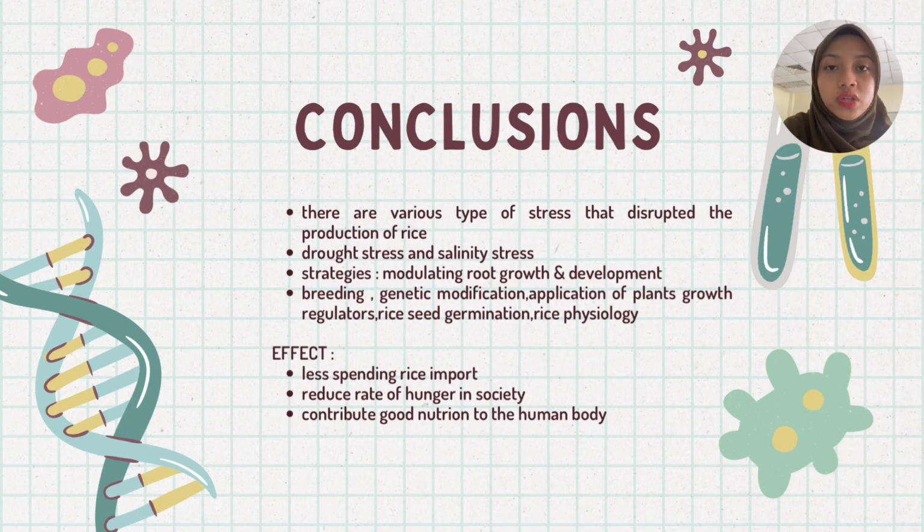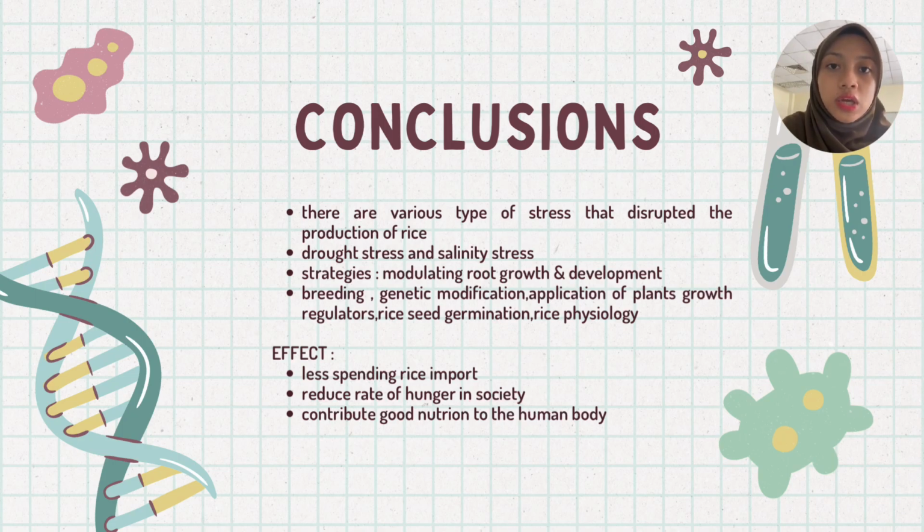In conclusion, there are various stresses that cause rice production to be disrupted, namely drought stress and salinity stress. So we need to use some alternatives so that we can improve stress tolerance in rice plants, which are modulating root growth and development, breeding, genetic modification, application of plant growth regulators, rice seed germination, and rice physiology.